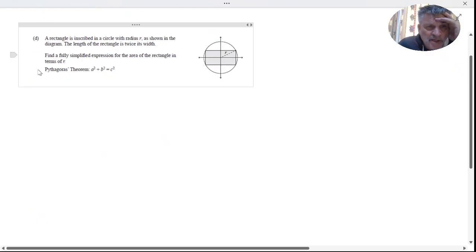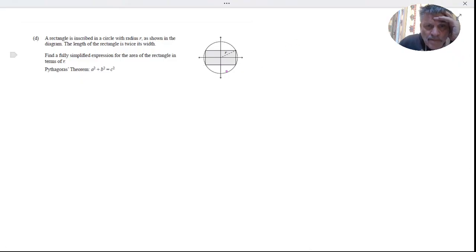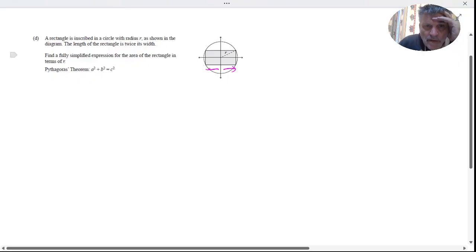Part D, a rectangle is inscribed in a circle with radius r, as shown in the diagram. The length of the rectangle, so the length here, call this the length, is twice the width. Call this the width.